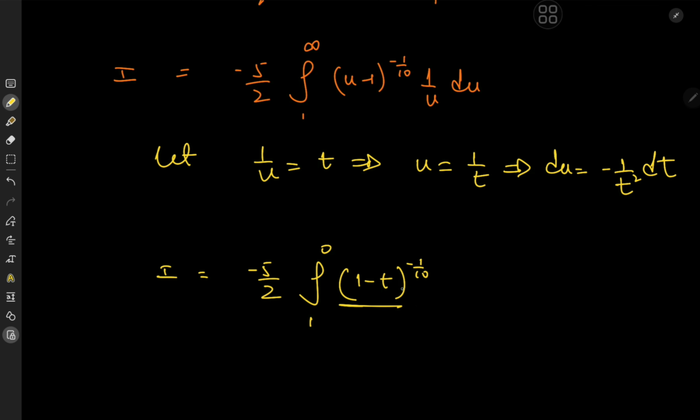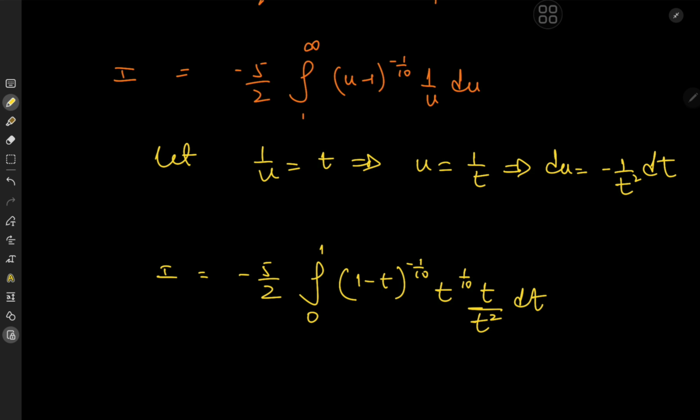And I'll just write this thing over here as t to the 1 over 10. 1 over u is just t, and we still have t squared down there. Negative signs canceling out, but we still get a surviving negative sign because of switching up the limits of integration. Okay, that was fun.